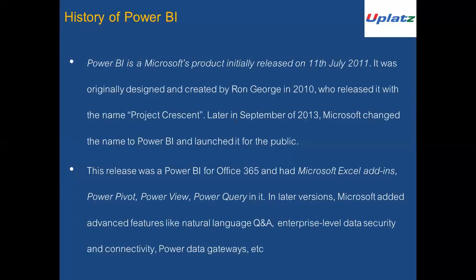The add-ins include Power Pivot, Power View, and Power Query. In the upcoming versions, Microsoft added advanced features like natural language Q&A, question and answer, enterprise level data security and connectivity, and Power Data Gateways, etc.